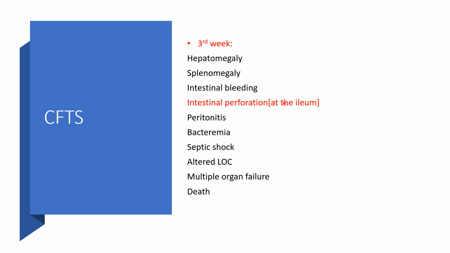Once there is intestinal perforation, that may be due to necrosis of the Peyer's patches at the antimesenteric bowel wall. There will be increased abdominal pain, associated with abdominal distension, peritonitis, bacteremia, and aerobic as well as anaerobic microorganisms.